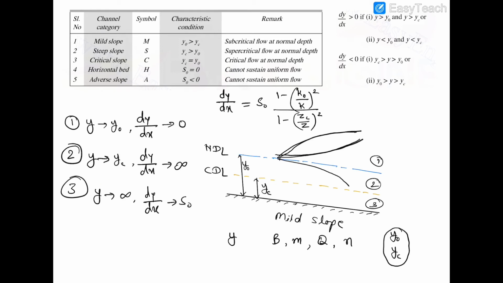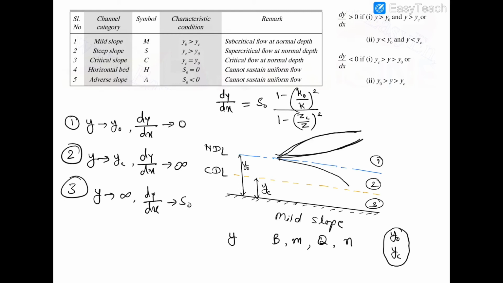If y tends to infinite, the K will become infinite and Z will become infinite, and this term will become 0 and this will also be 0, 1 upon 1, then dy/dx is equal to S0. It means when the profile approaches infinite, the slope of the water surface theoretically should be equal to the slope of the bed of the channel, but in reality the water surface becomes horizontal.